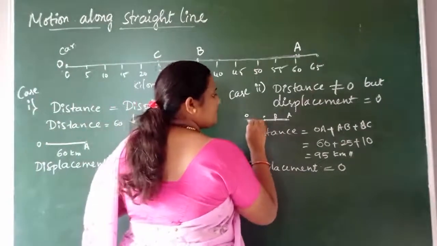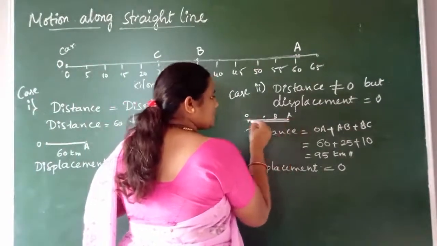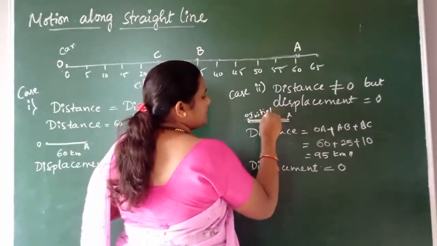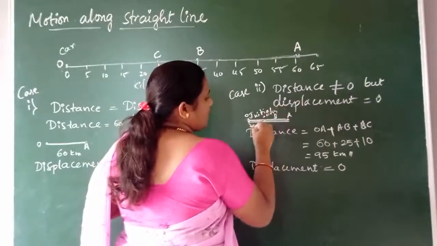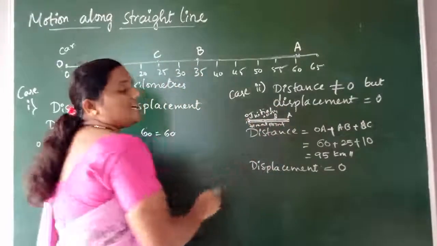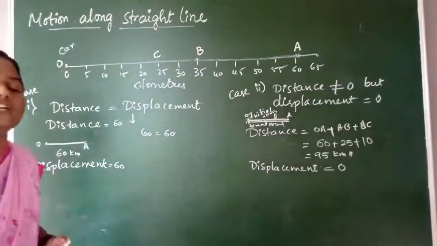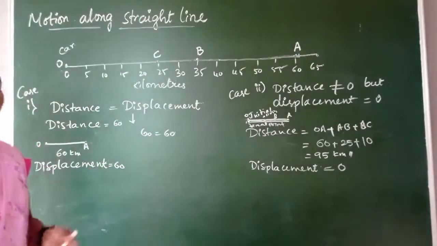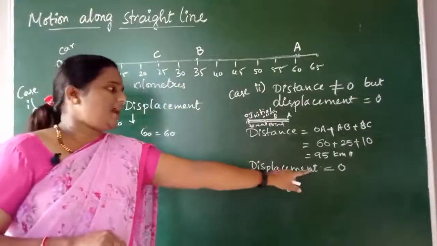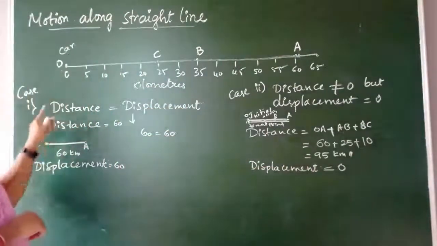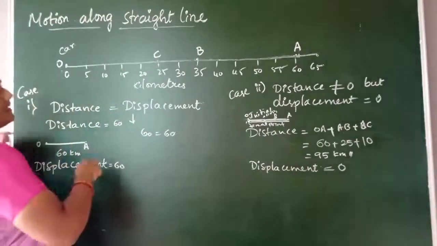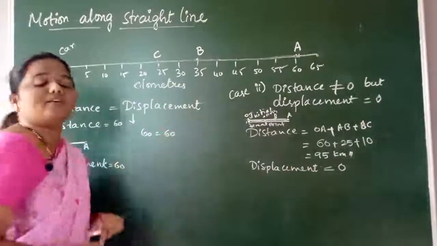First it travels from here to here and it goes back to the same point. Here the initial point and the final point coincide, meaning the same. At the same point we are getting an initial position value and a final position value. So what will be our value of displacement? 0.